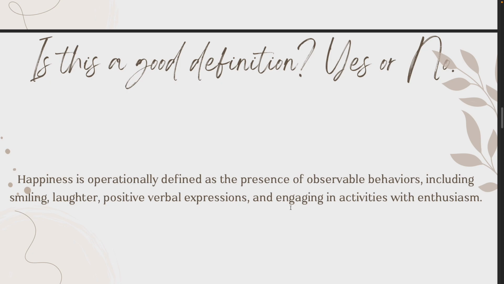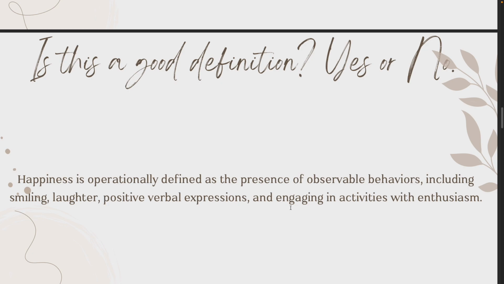We don't want to look at anything like happy or anxious or sad, because again, these things can look different for everybody, right? Just because this person is smiling or laughing, it doesn't mean that they're entirely happy, okay? So that's one. Two, it doesn't provide our examples. It also doesn't provide our non-examples. And within that definition, we're also saying things like positive verbal expression.